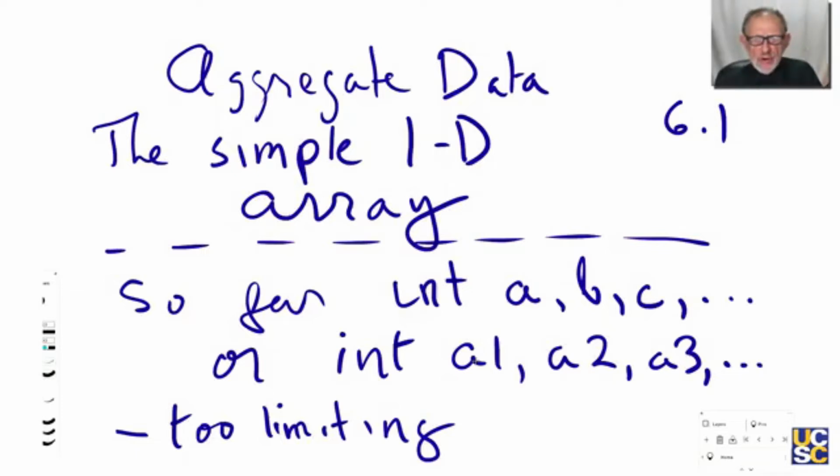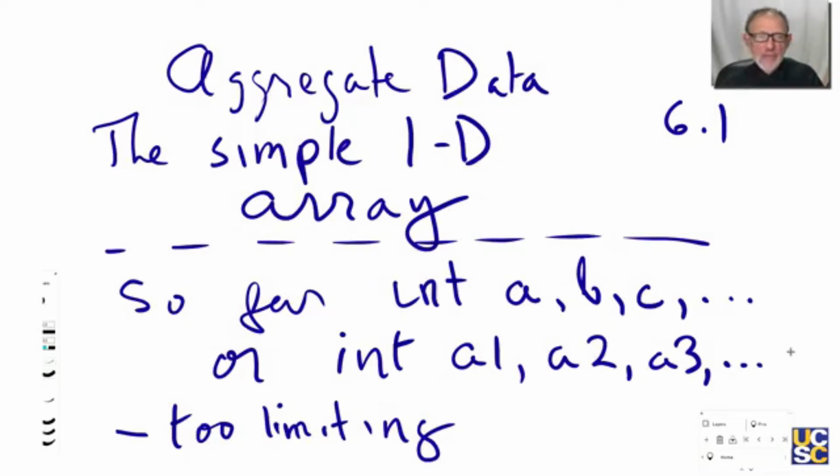Now, so far we had multiple amounts of data. We would have to write out individual declarations. So we'd say something like int a, b, c, and so on for as many variables as we need. Or we could say, if they were somehow related, int a1, a2, a3, etc. But this is too limiting.